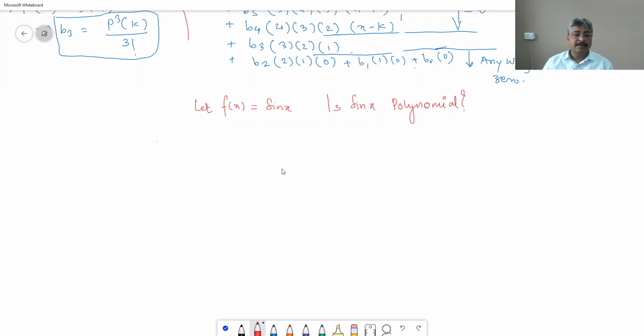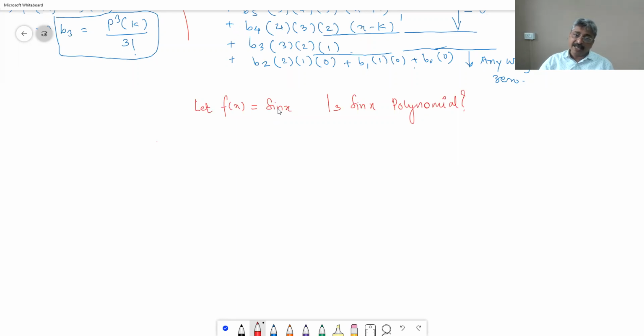However, if I want it to behave like a polynomial, can I use my upper method? Can I use this theorem and find out what happens if I force sin x to behave like a polynomial?